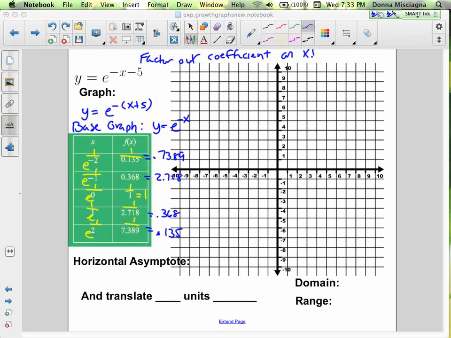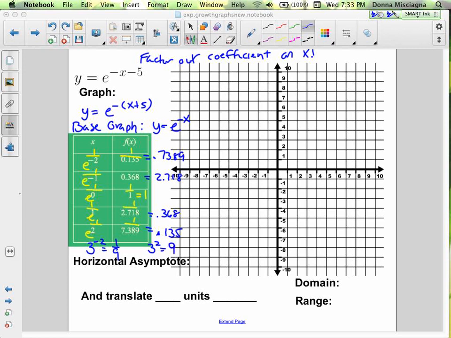And if you think about it, let's just say it was 3. If I had 3 to the negative 2, that would be 1/9, because I'd have 1 over 3 squared, and 3 squared is 9.